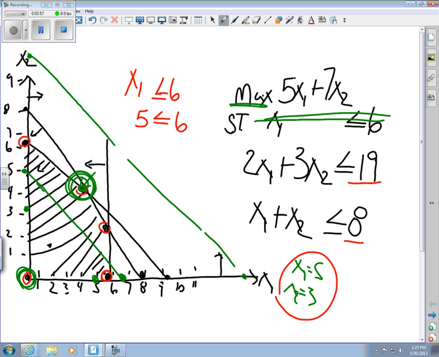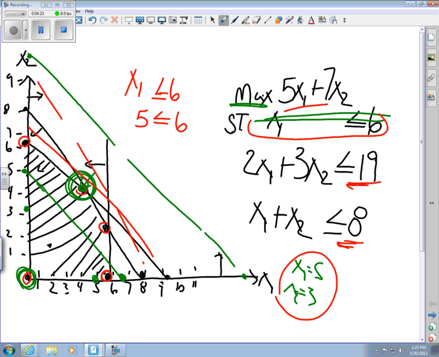Now, it won't be long before increasing these resources will lead to this first constraint being a binding constraint. And you can visually see that if we increase the right-hand side of these first two constraints, then they essentially move out, just like what you saw with the objective function.